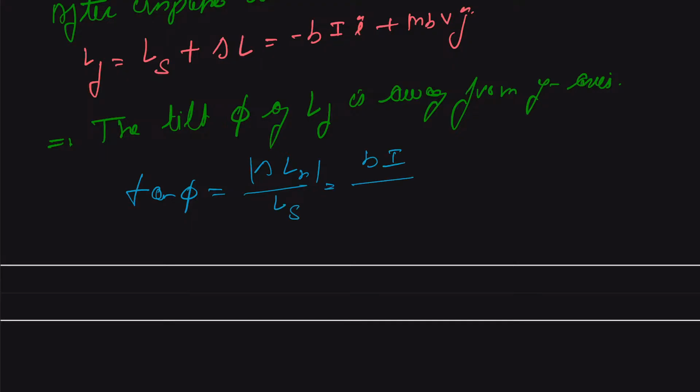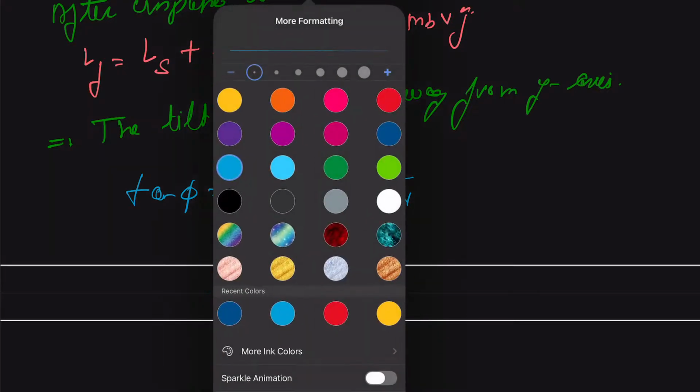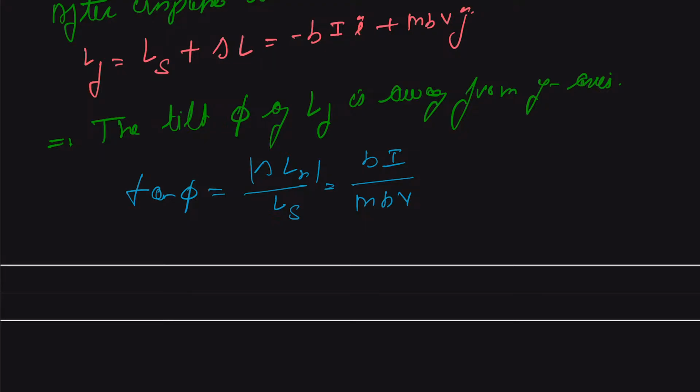Which in this case is B of I divided by mv, and here B and B cancel out, so this comes as I upon mv. Okay. And if this phi is very small, then phi is approximately I upon mv.